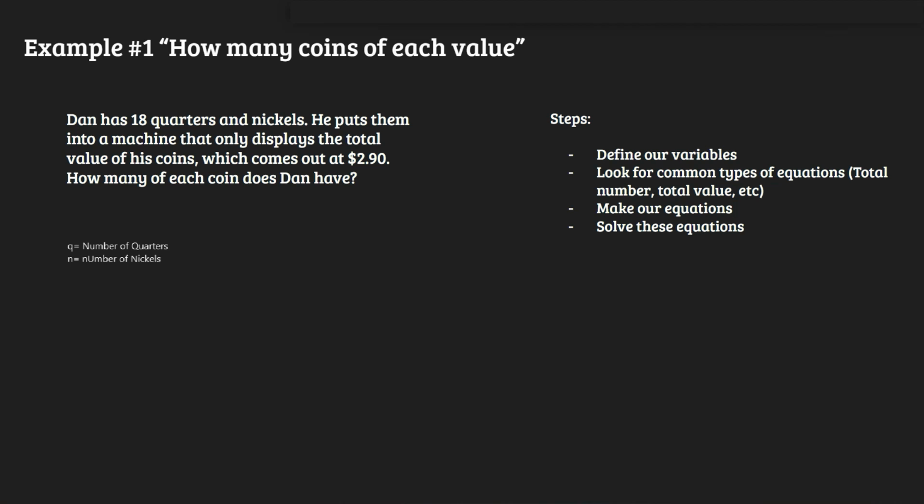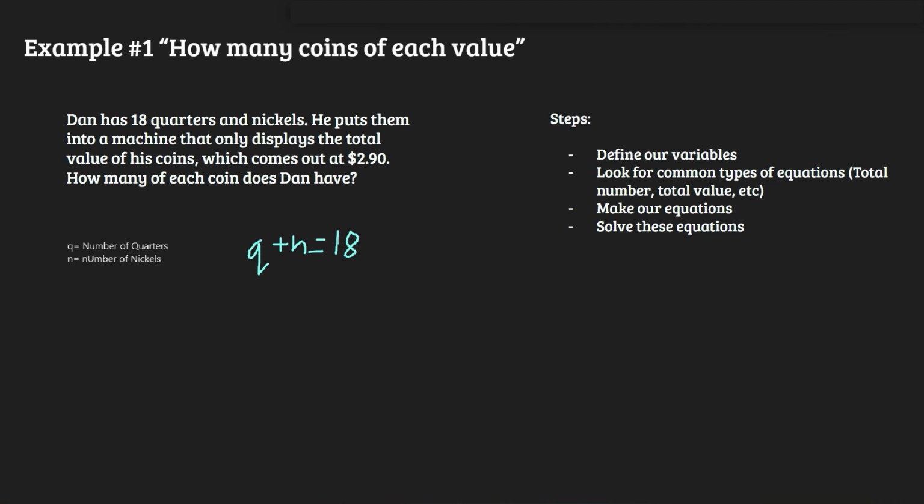Our next step here is to look for common types of equations. This is actually an example of a total number problem, right? We have a total of 18 quarters and nickels. So I know that the total number of quarters, Q, plus the total number of nickels, N, is equal to 18. And then I also know that the total value of the coins comes out at $2.90. Now this is a total of 290 cents.